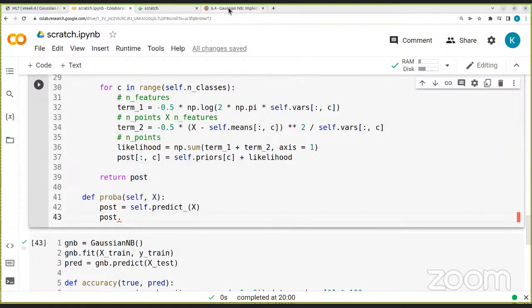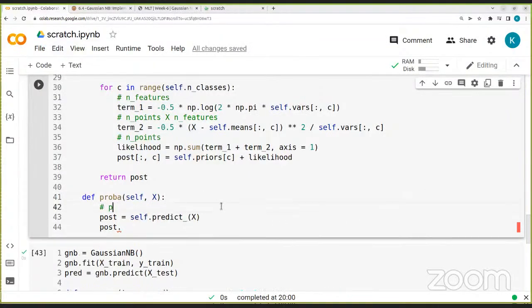Let me go back to the lecture. I will keep these two side by side. Post is of size number of points cross number of classes.